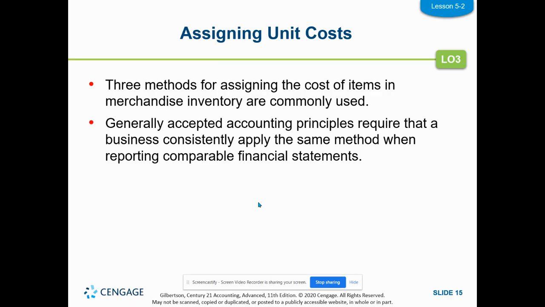So if you've used FIFO and then you decide that that FIFO method really isn't the right method you should be using, you should be using a LIFO method, you have to write that up and you have to explain why you're changing and how is that going to affect the cost of your inventory.